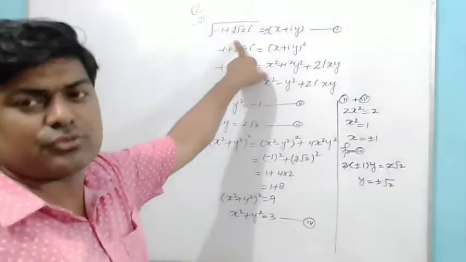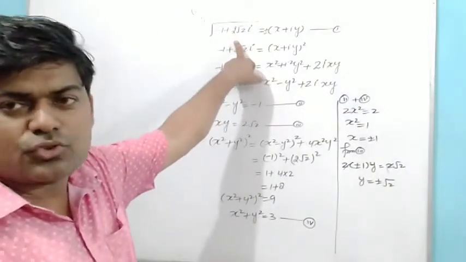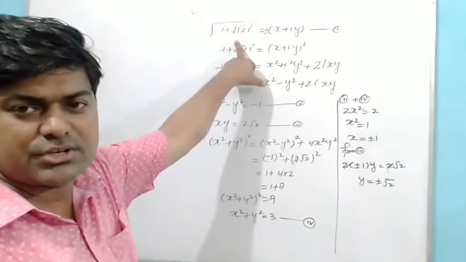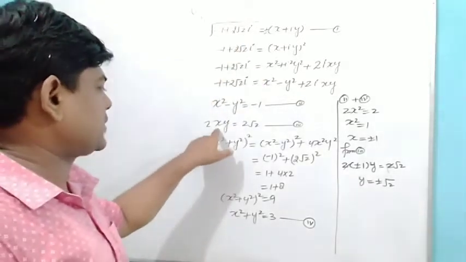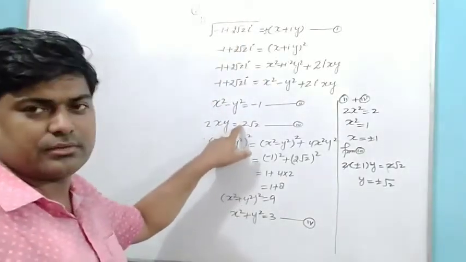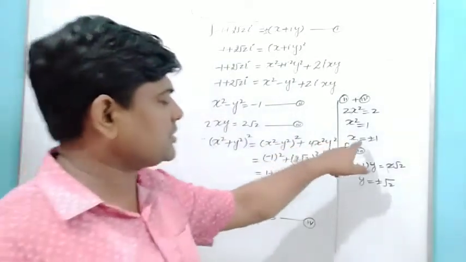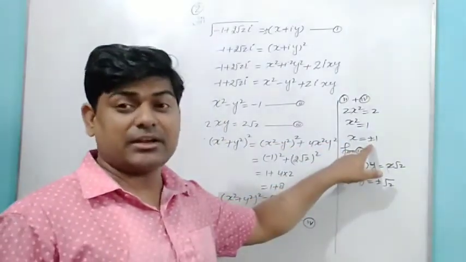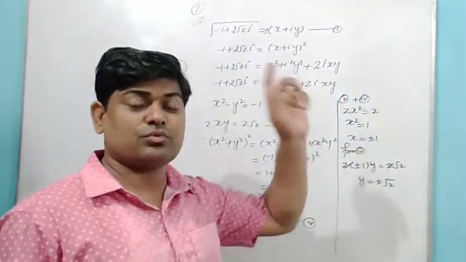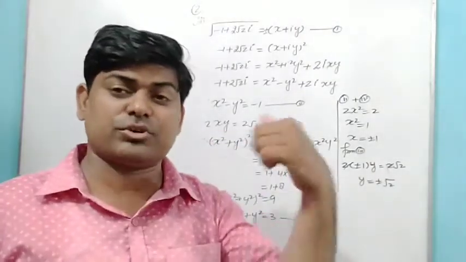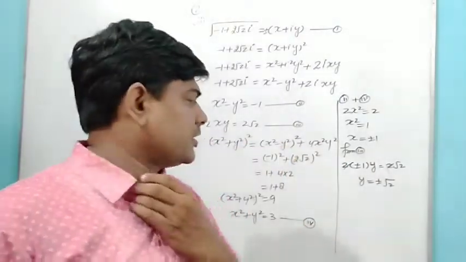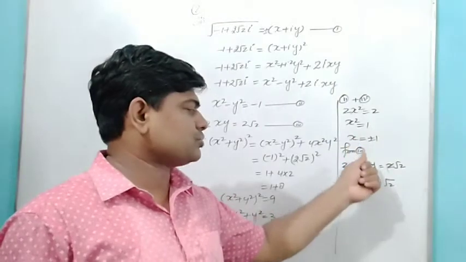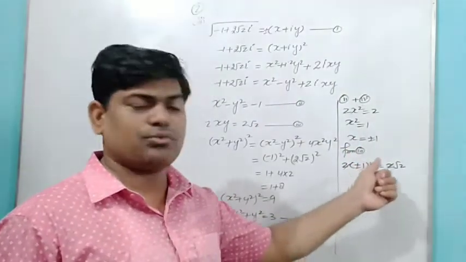Suppose in a question this coefficient of i is negative, so definitely xy will come with a negative sign. Now if xy is negative, then if x is positive y should be negative, and if y is positive then x should be negative. But here if x is positive y will be positive, and if x is negative y will be negative.